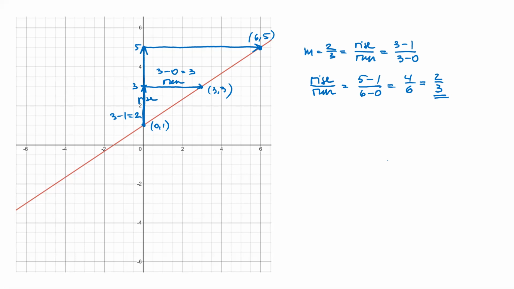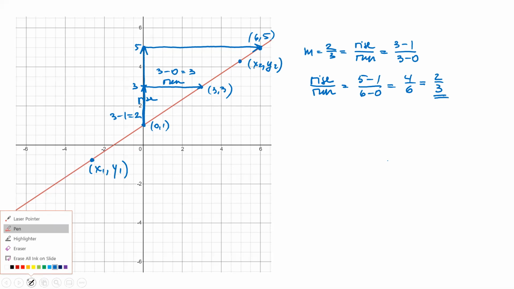And from here, perhaps I could conclude that if I would choose any 2 points on this line and I label them as x sub 1, y sub 1, and let's say x sub 2, y sub 2, and let me use a different color so it would be better seen.